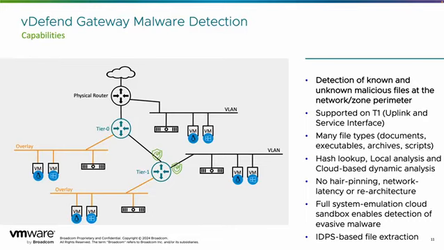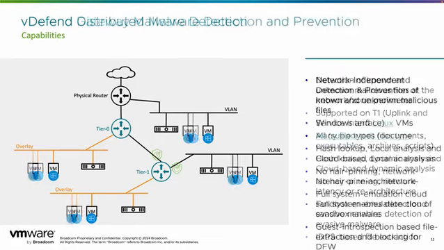We actually end up using the IDPS file-based extraction mechanism. So this works kind of hand in hand with IDS, and it's actually a really, really clever way of grabbing files. Again, without any re-architecture of the network. We're not hairpinning traffic, forcing traffic to go through artificially created inspection points. It's just as traffic flows in your environment.